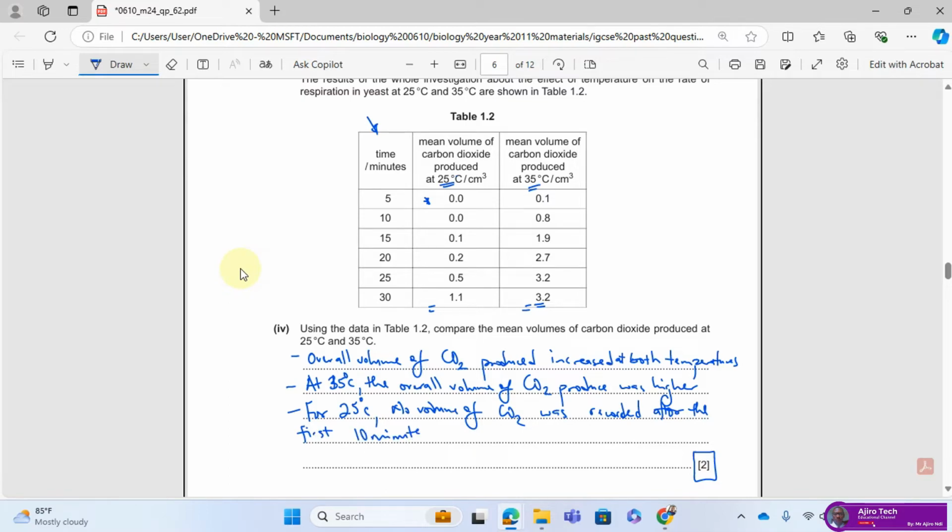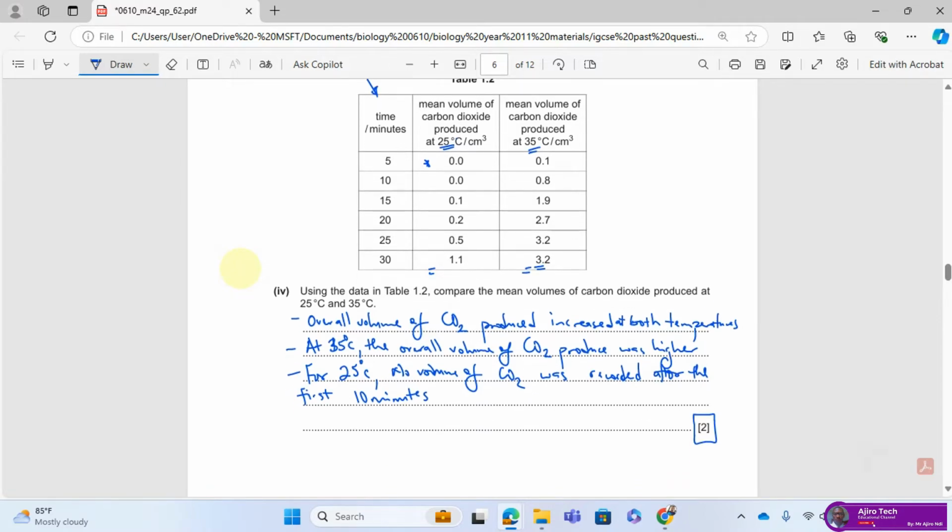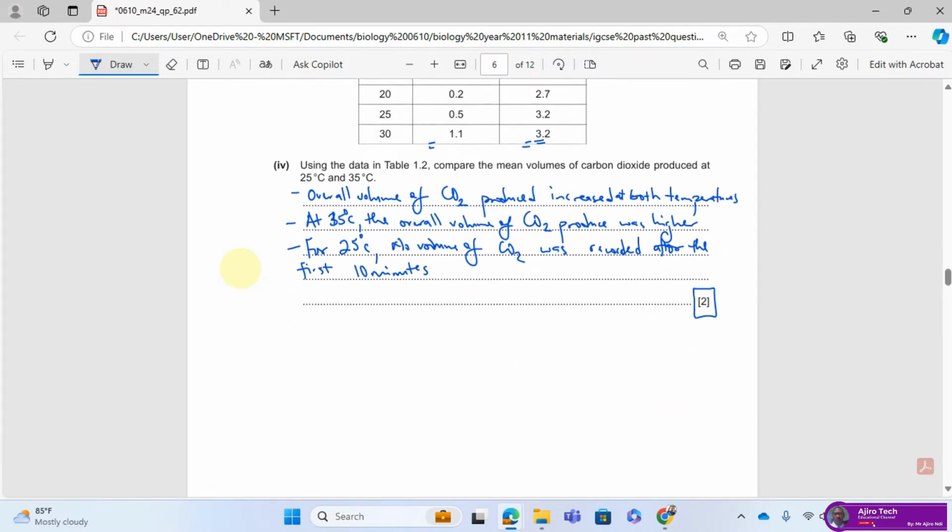These are some of the things we can use to compare. So you look at the table and bring out points that you see are worth comparing.